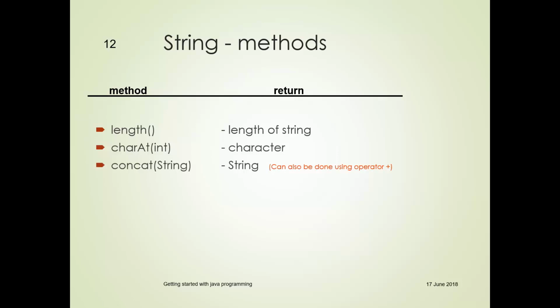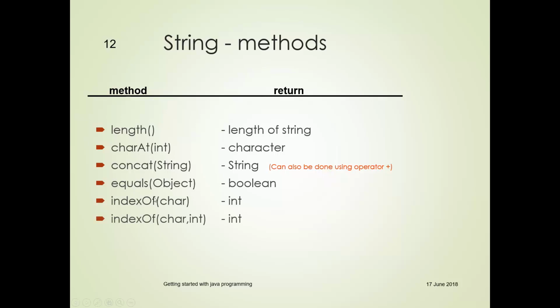Just now I have shown you how we concatenate two strings by using the plus sign, but the string class also provides one method called concat. We can also use this method. The equals method is used to compare two different strings to see if they are equal or not. We check the position of a particular character in a string by indexOf.